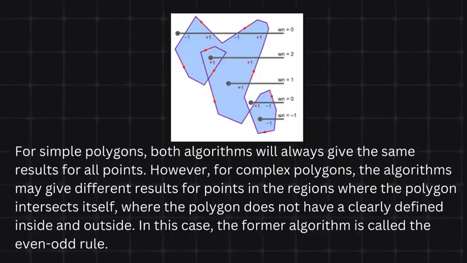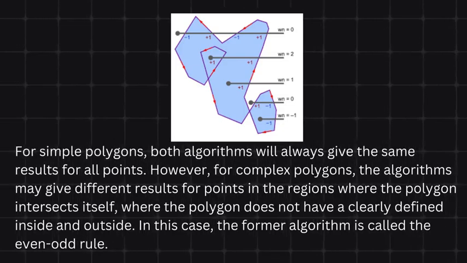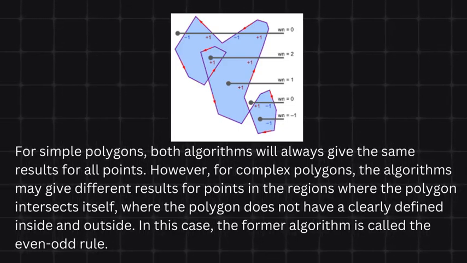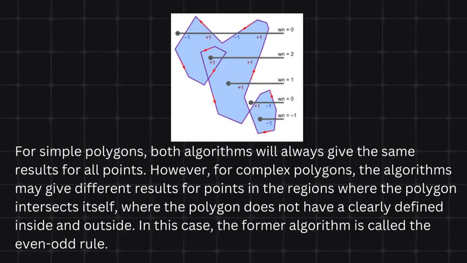For simple polygons, both algorithms will always give the same results for all points. However, for complex polygons, the algorithms may give different results for points in the regions where the polygon intersects itself. Here, the polygon does not have a clearly defined inside and outside. In this case, the former algorithm is called the even-odd rule.